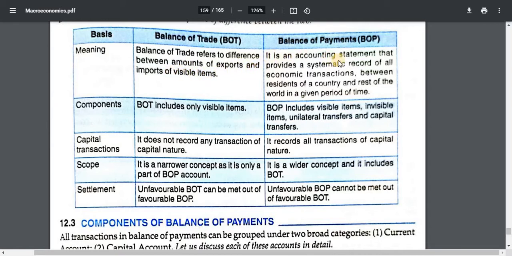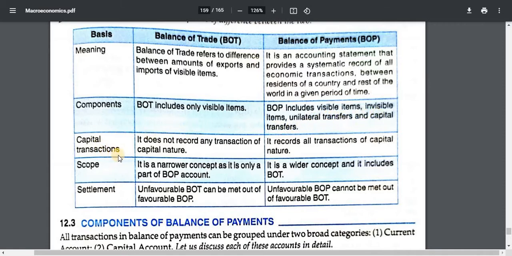BOP is an accounting statement that provides a systematic record of all economic transactions between residents of a country and the rest of the world in a given period of time. Components: BOT includes only visible items. BOP includes visible items, invisible items, unilateral transfers and capital transfers.